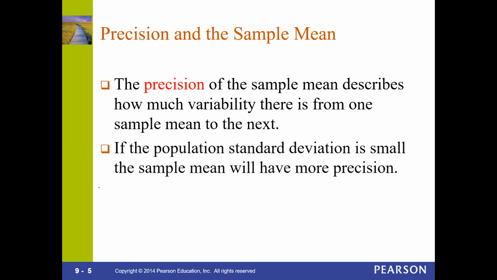If the population standard deviation is small, the sample mean will have more precision. If the standard deviation is small, then you have more precision. So this is something that you need to remember.